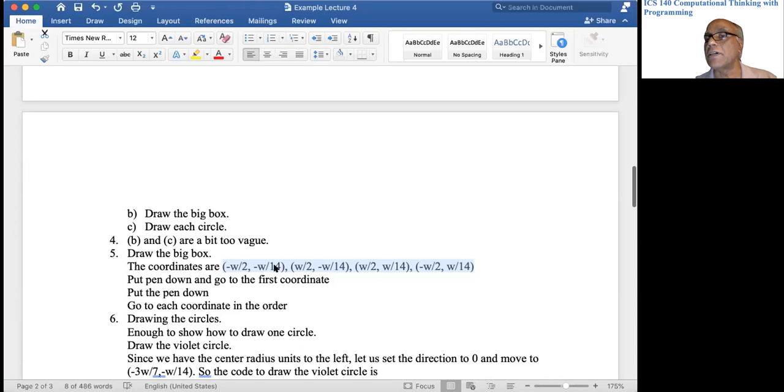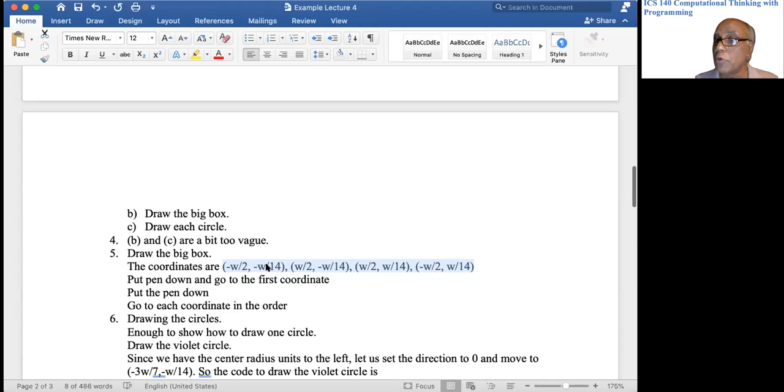These can be the parameters for that goto method. If W is your width, you can say turtle.goto and then just stick this in. It will take you to the first thing. And then you can put the pen down and visit each one of these in turn.